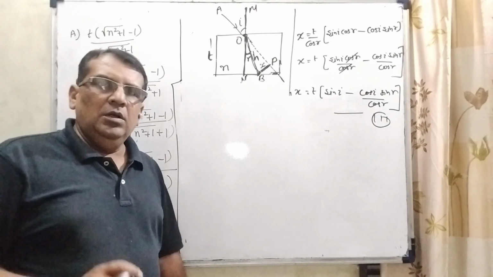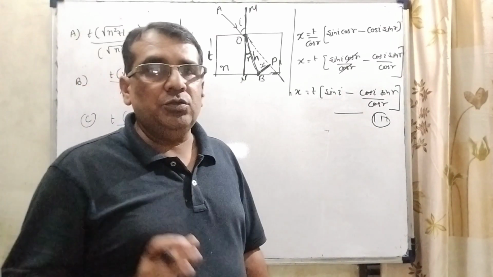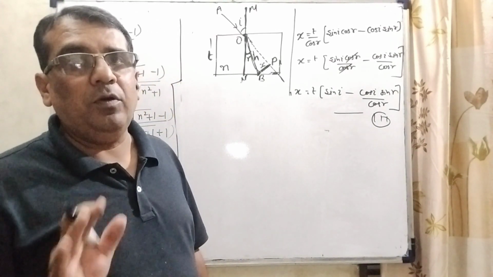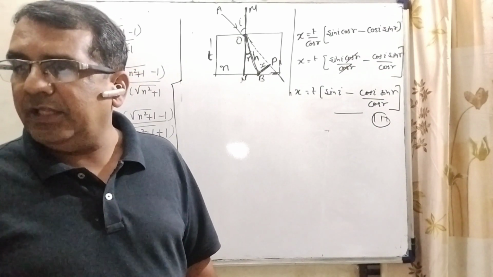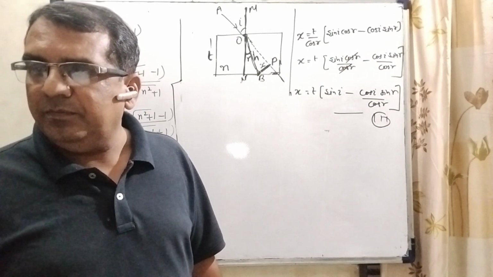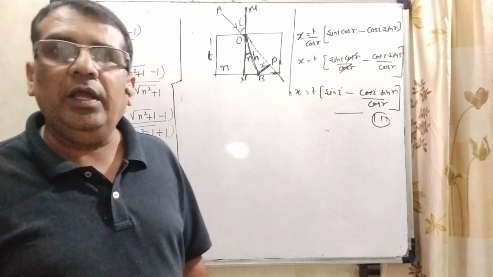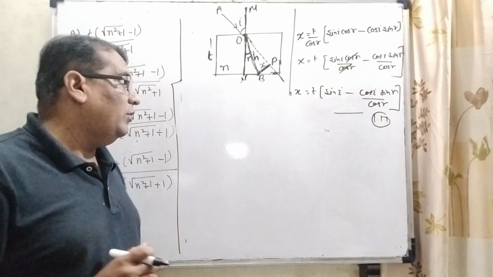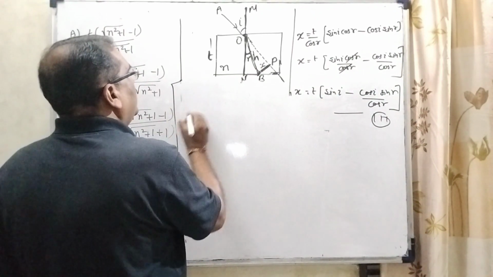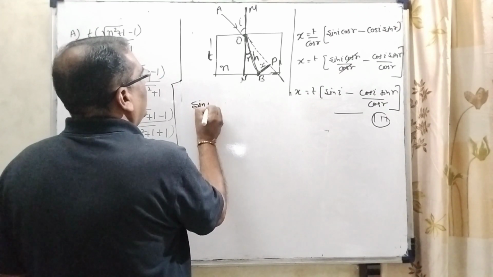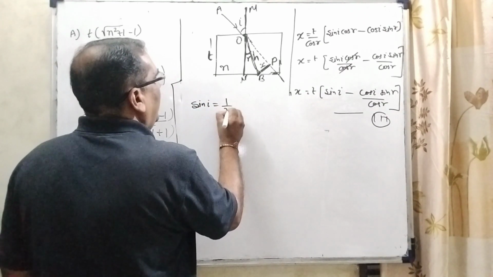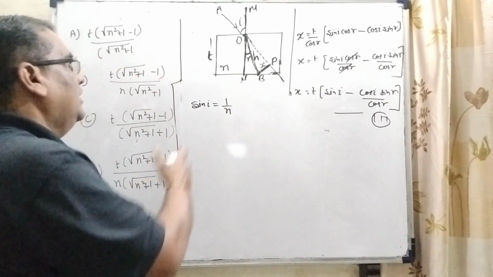Now the most important part of this question is the important condition we have been given. We have been given that the angle of incidence equals the angle of total internal reflection. What is the condition? Here we know that sin i equals 1 by n, where n is the refractive index.